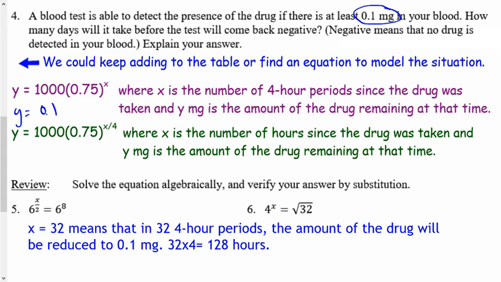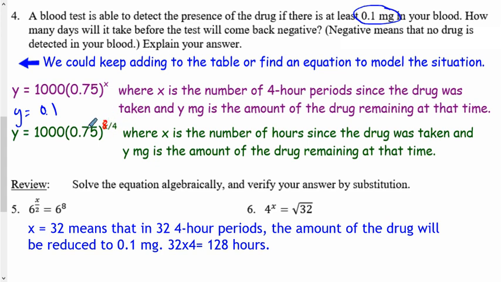Might be helpful for us to think about different x values. So suppose my x value was 4 in 4 hours. 4 fourths is 1, so I'd get 1,000 times 0.75. So after 4 hours, I'll have 750 milligrams left over. Suppose instead this x value was an 8. So it's saying after 8 hours, 8 divided by 4 is 2.